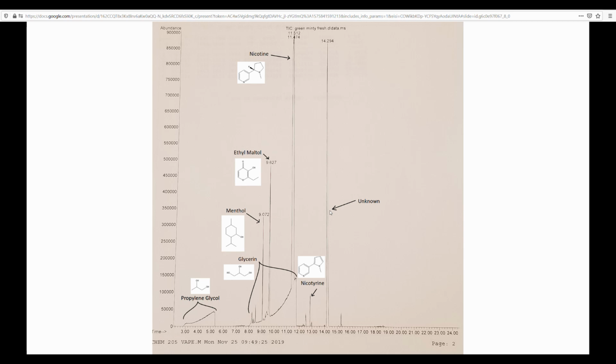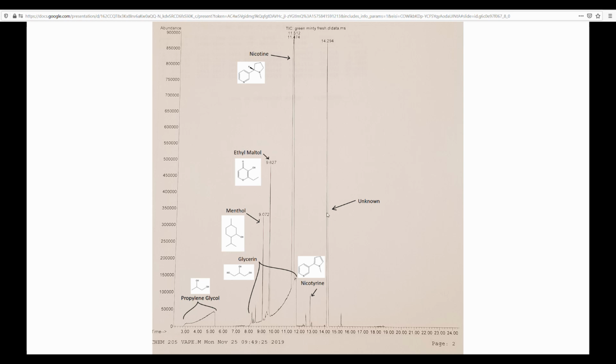The closest matches we got were between 15 and 20% confidence. So this leads us to believe that this peak either shares a boil point with another compound and they're mixing horribly together, which is confusing the computer, or it's something that's not in the computer at all, which is very unlikely.